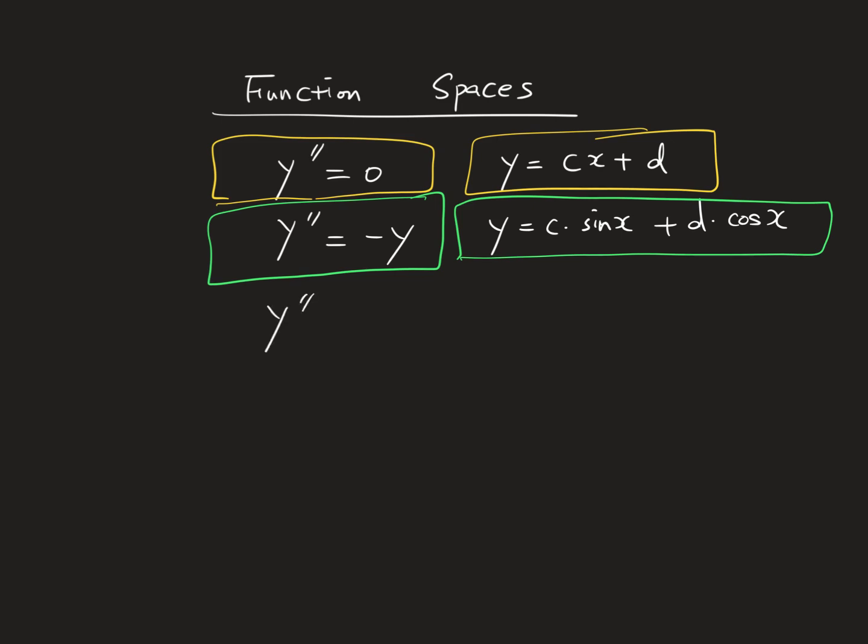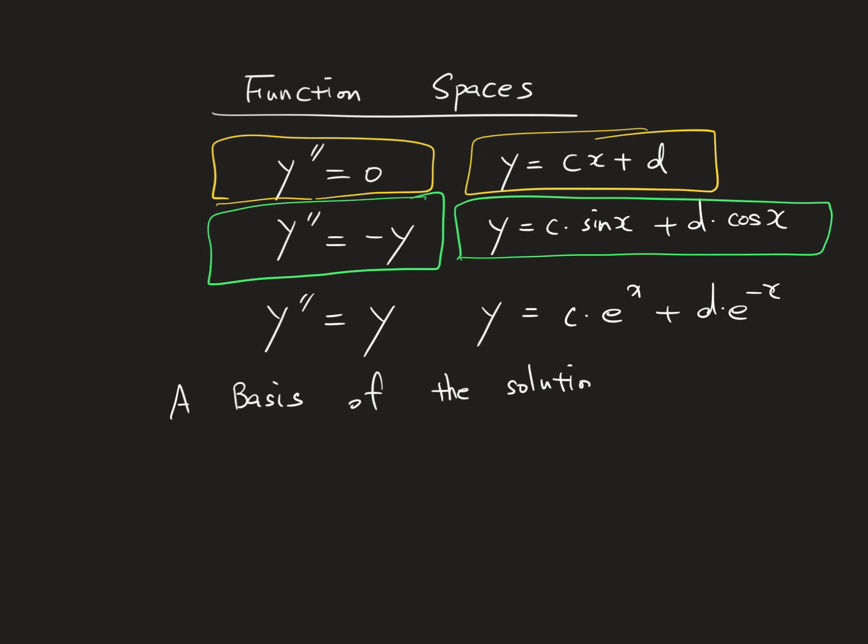And y double prime is y. For this differential equation, the solution will be c times e to the x plus d times e to the minus x. And so we can say a basis of the solution space of the differential equation y double prime is equal to minus y will be sine x and cosine x.